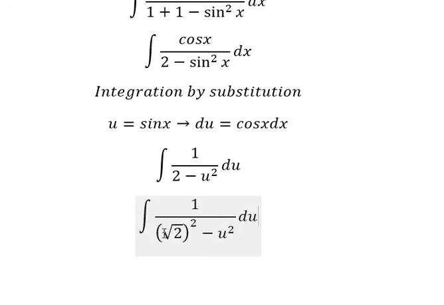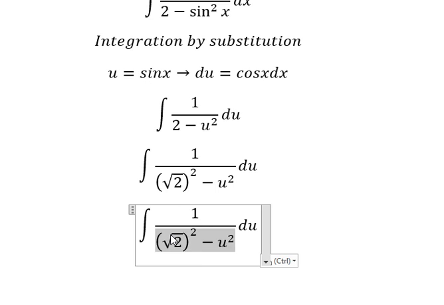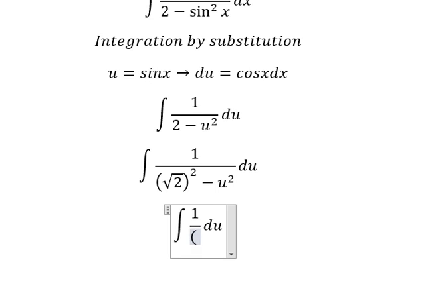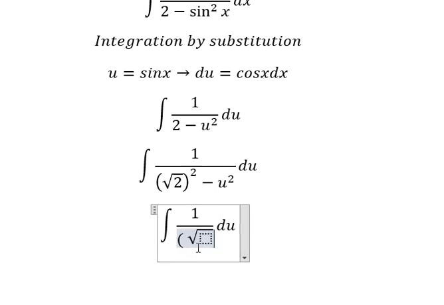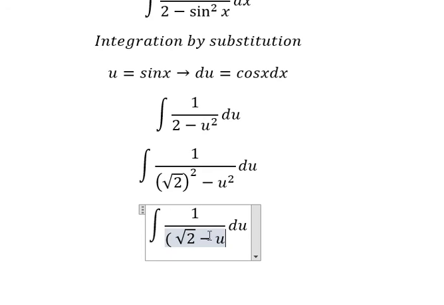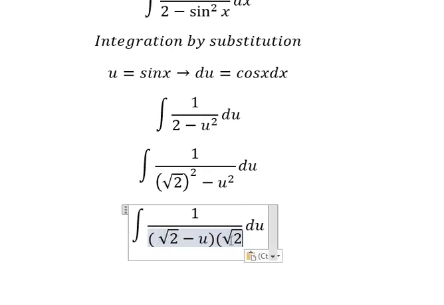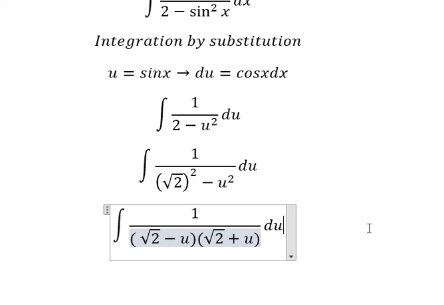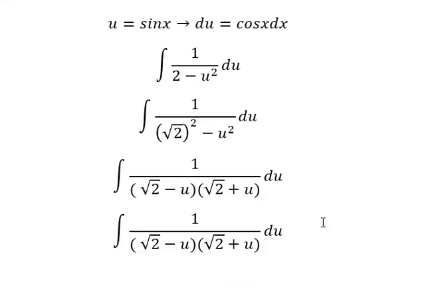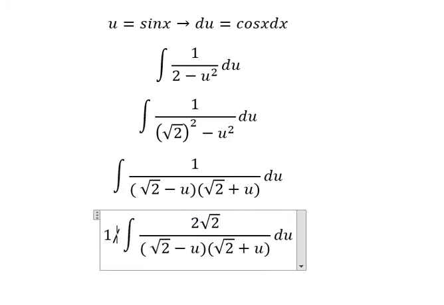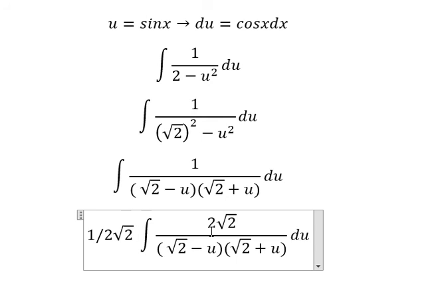This is an identity, so we can get the square root of 2 minus u multiplied by the square root of 2 plus u. So in this situation, on the numerator we need to have 2 multiplied by the square root of 2. Later we divide by this number here, because I want to create the factor for this one.